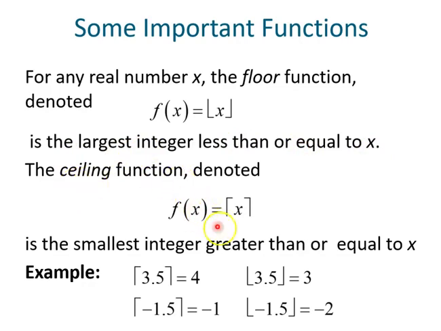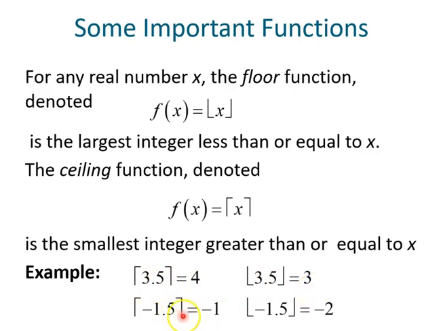The ceiling function, defined this way, denoted this way, is the smallest integer greater than or equal to x. For example, the ceiling of 3.5 is 4, and the floor of 3.5 is 3.